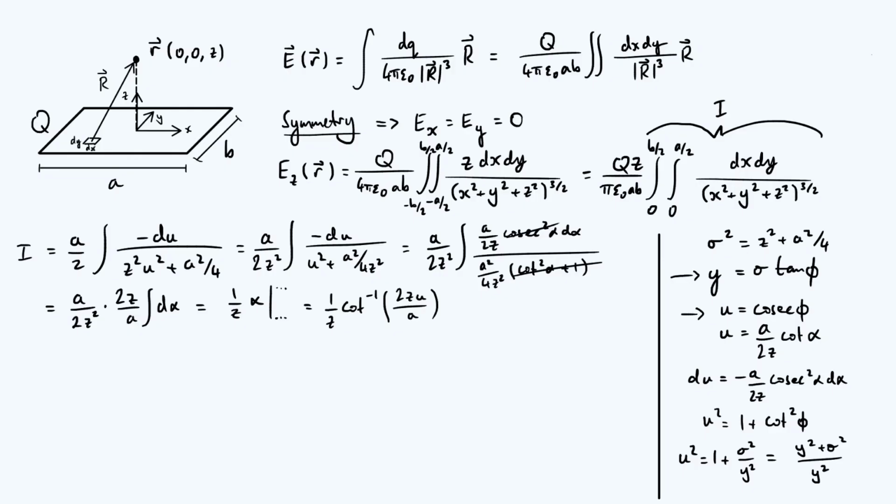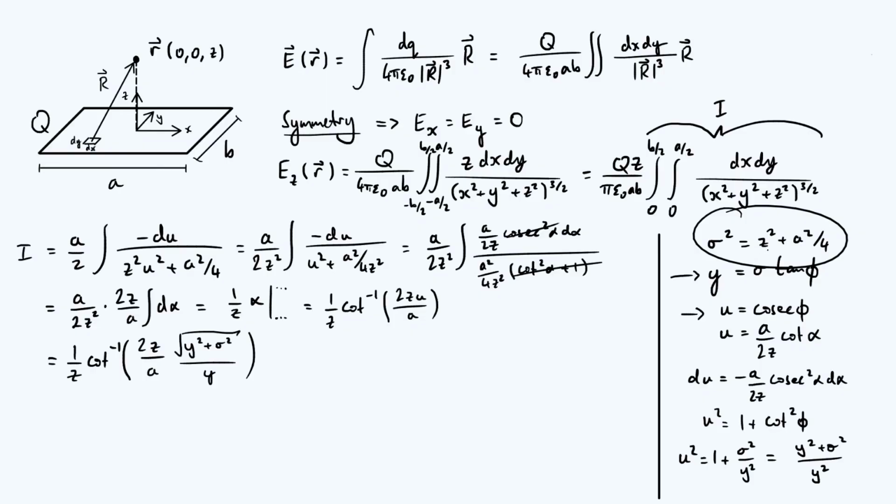Then we just take the square root of all of that and substitute it in place of the u that we've got there. So that's going to be 1 over z times inverse cot of 2z over a times the square root of y squared plus sigma squared all over y. And then to get this in terms of our original variables, remember sigma wasn't actually one of the parameters of the problem.